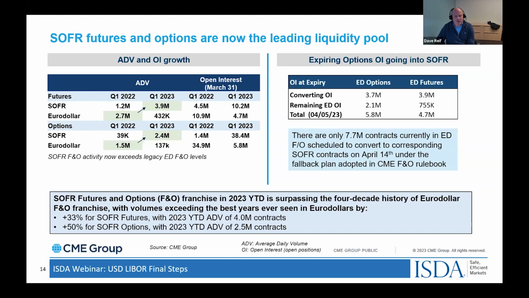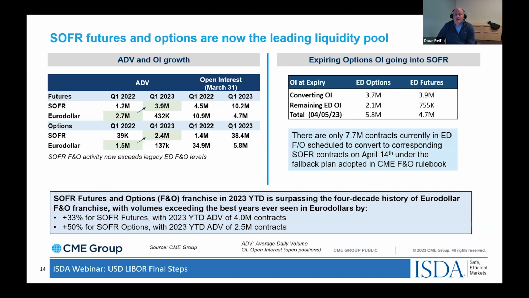And really impactful if you look at something like the SOFR options open interest, which is now at over 38 million contracts. If you look exactly a year ago, that open interest was at just over, right around 1.5 million contracts. And it's really equal or surpassed both in futures and options, the historical numbers that we did see in the Eurodollars.